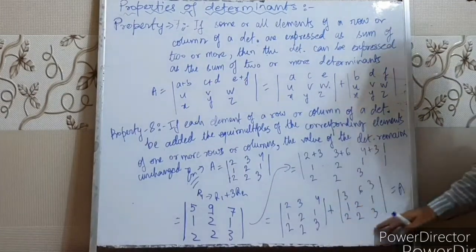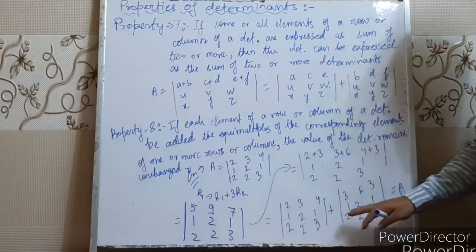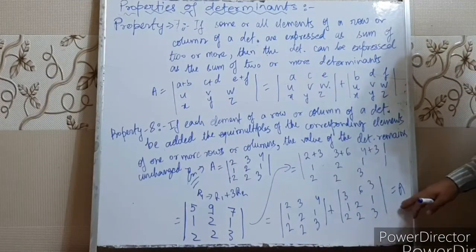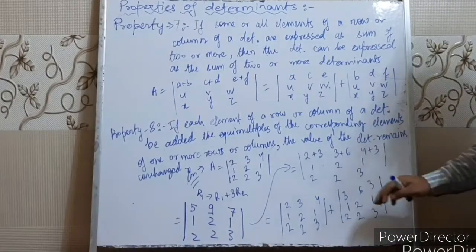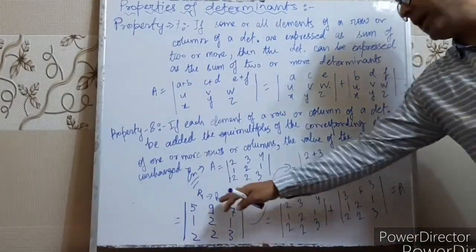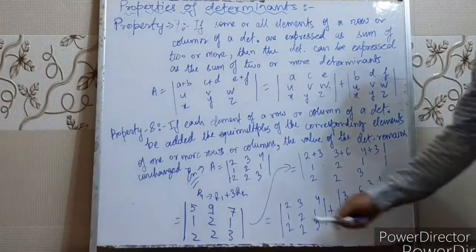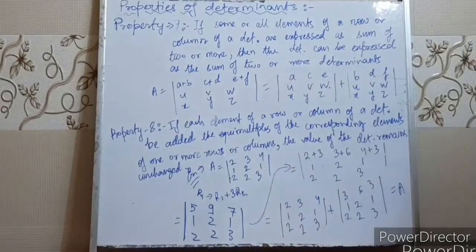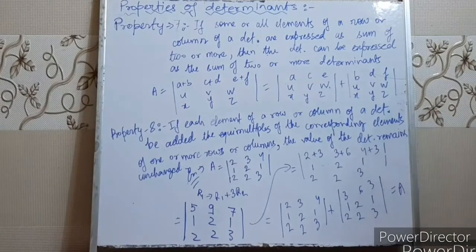So the value of this determinant will be, children, 0. That means the determinant A plus 0 will be the value of the same determinant again. So this property is true. When we multiply any scalar term and add with any other row or column, the value of the determinant that we obtain will be the same as the original determinant. Right, children? Note down, please.